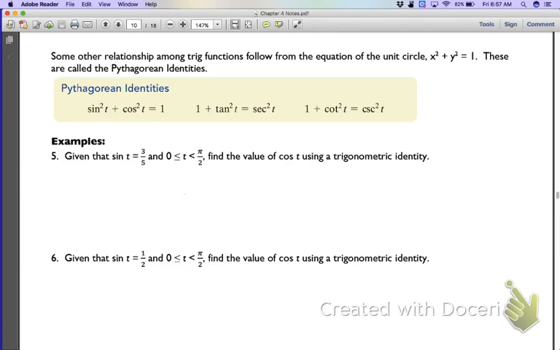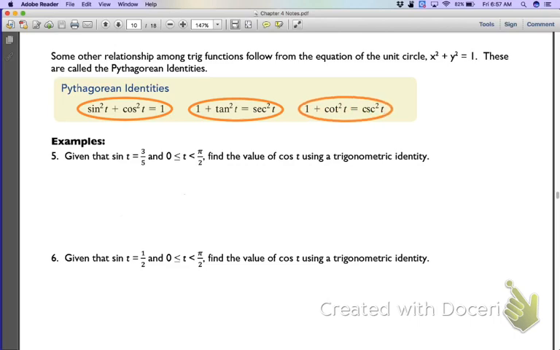Remember, everything is a right triangle with the unit circle. So if I have sine of t and I need to find cosine of t, then I've got to pick from one of my Pythagorean identities based on what I have. You're going to use what you have and go from there.